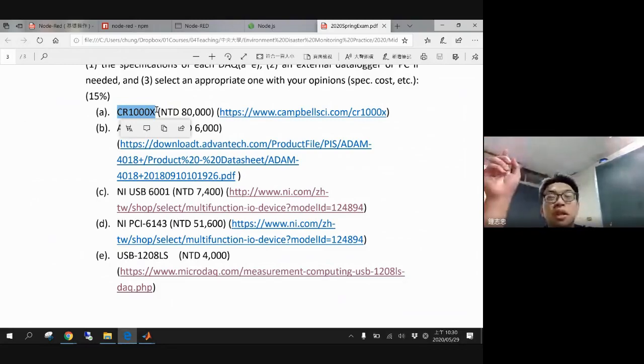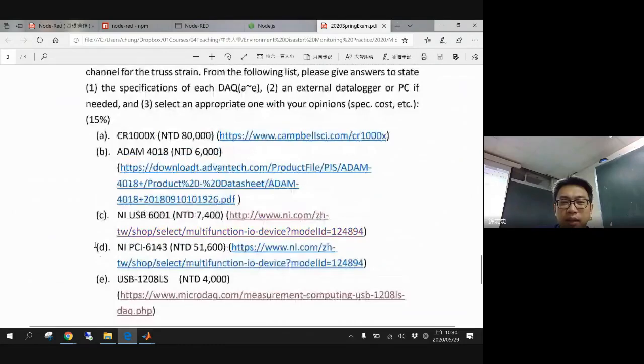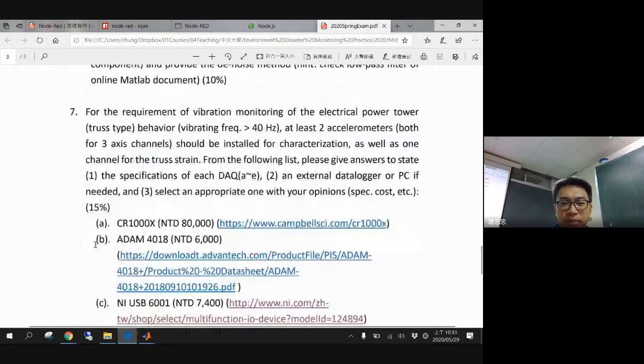So you can upload just like the Arduino, and it can operate by itself. The others, Adam, NI, PCI, USB, these four devices need another PC for the embedded system to control. So you need to answer with your decision.